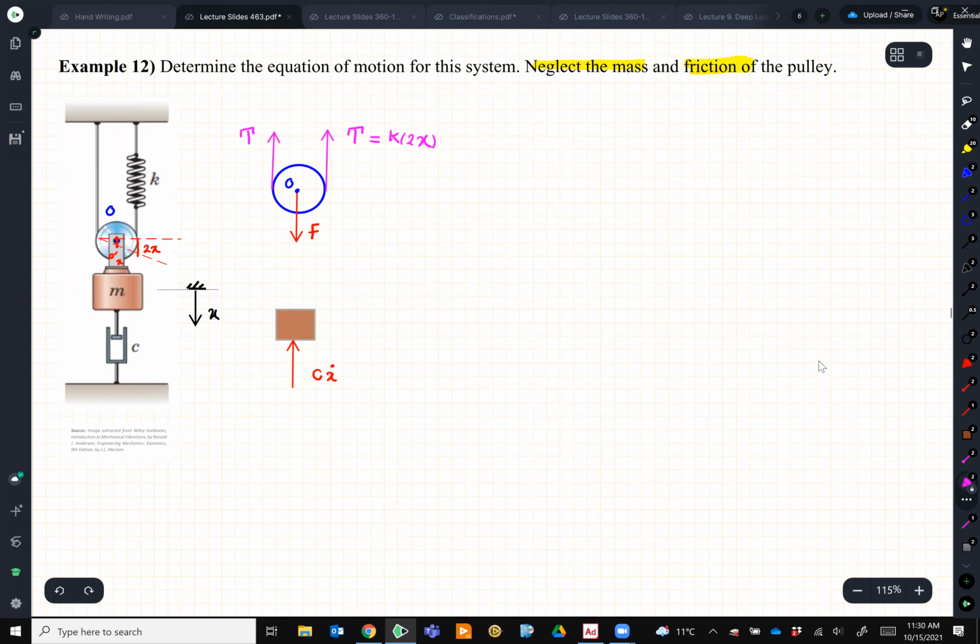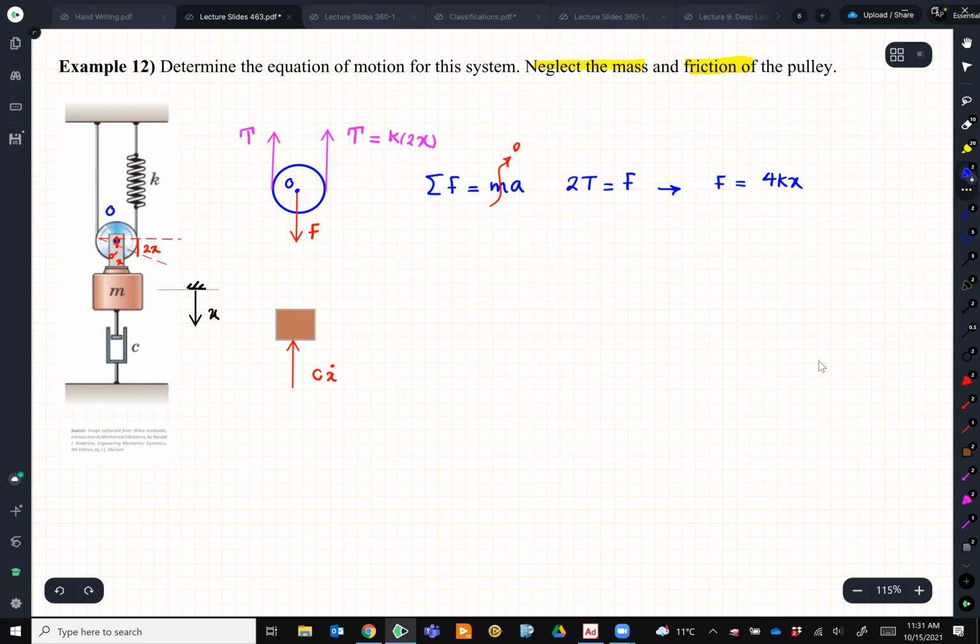So since this pulley doesn't have any mass, I can write down that the sum of the forces equals ma, but I don't have any mass. This one is 0. Therefore, 2T must be equal to F, all right? And from here, I managed to find F in terms of kx.